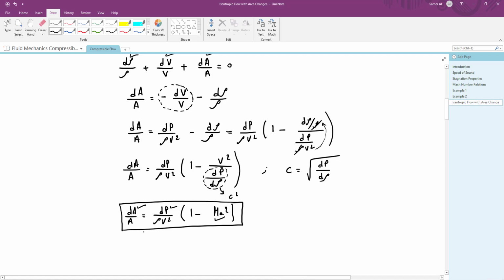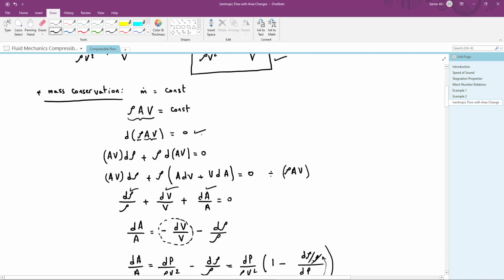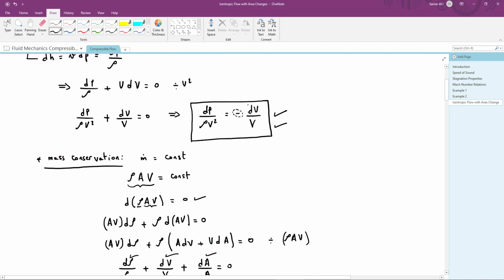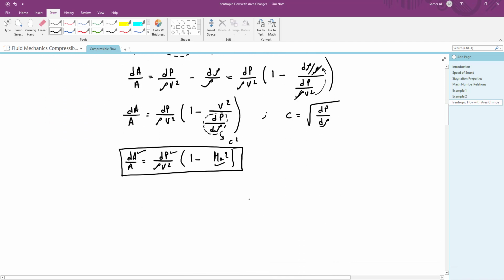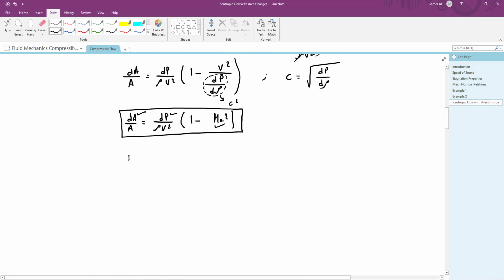And also if you want to relate, for example, dA with the change in the velocity dV, you simply replace this dP over rho V square by what? By minus dV over V. So you can also rewrite this expression as dA over A is equal to minus dV over V times 1 minus the Mach number squared.